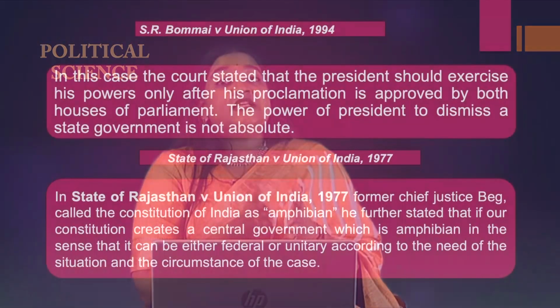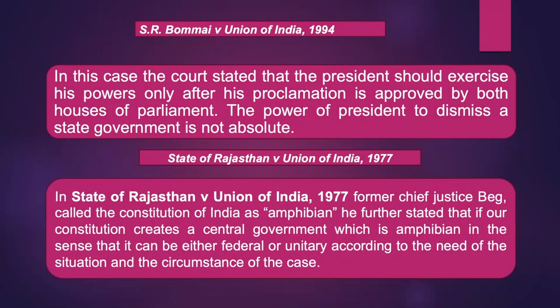So, amphibian is also the term which we can use for India when it comes to formation of governments or good governance. That is, it follows a little nature of federalism, a little nature of unitariness, and it becomes amphibian in nature, so that as and when the need requires, the federation or the unitariness can be used simultaneously.